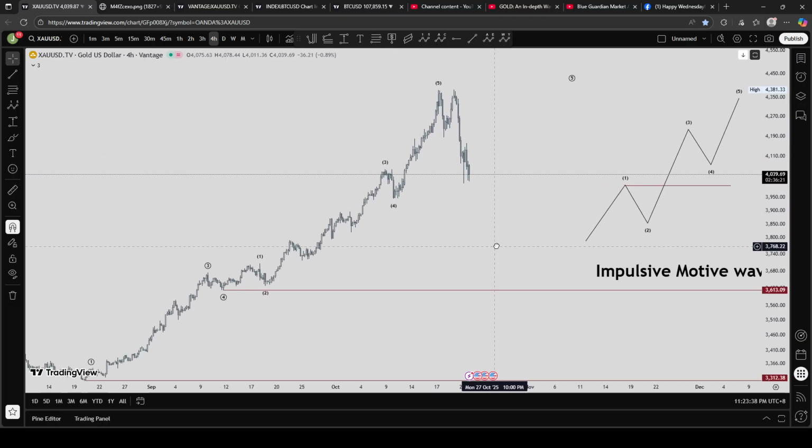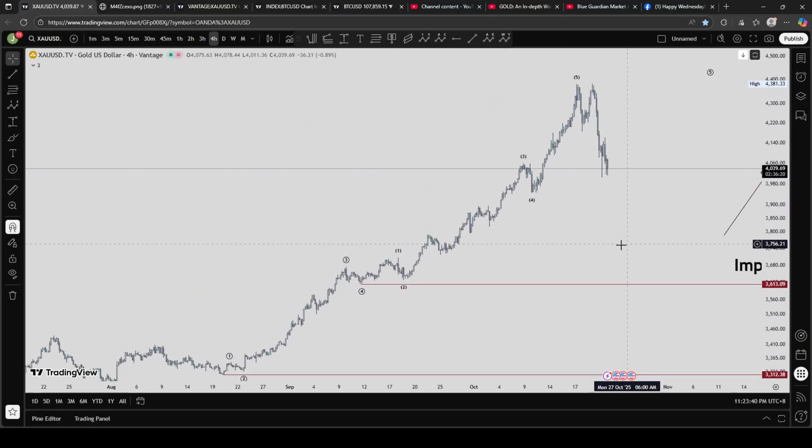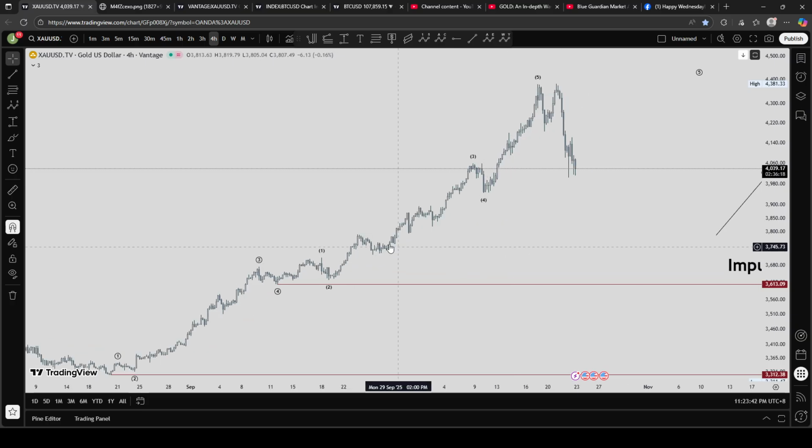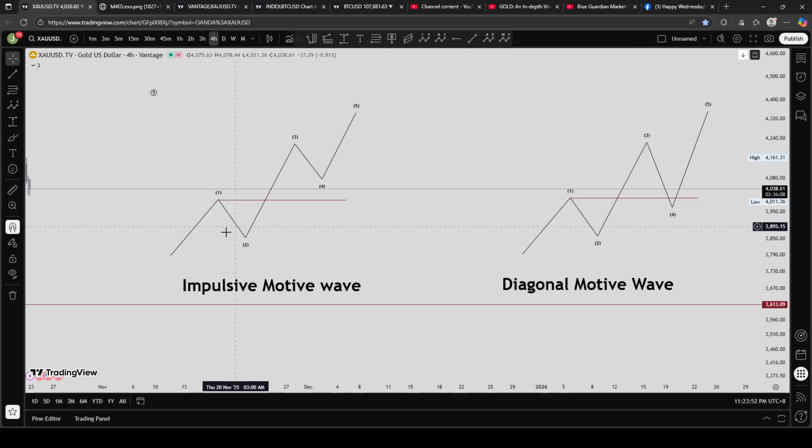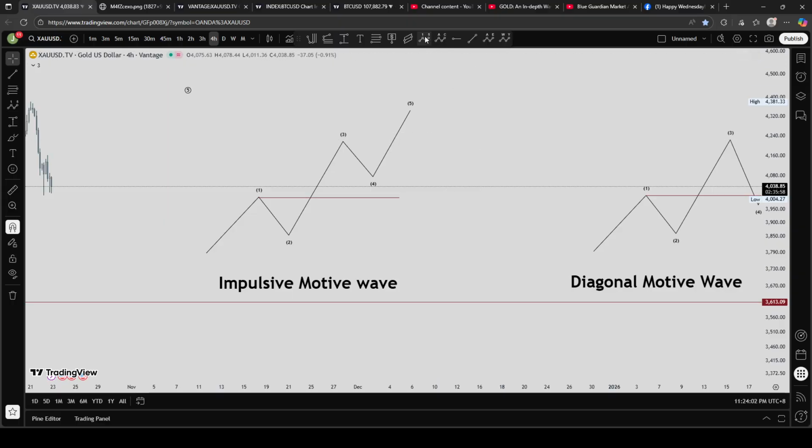Now, going back to my analysis a while ago, the wave we have here is wave 1, 2, 3, 4, and 5. In Elliott wave theory, the internal waves of wave 0 to 1, 2 to 3, and 4 to 5 must be composed of 5 internal waves as well.